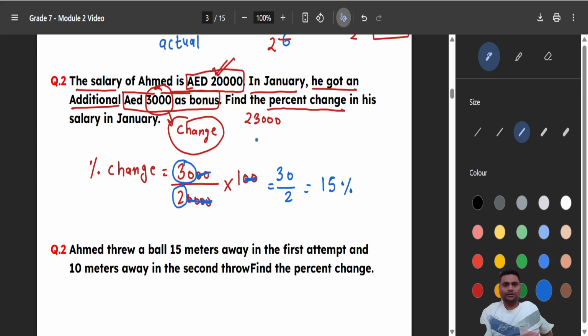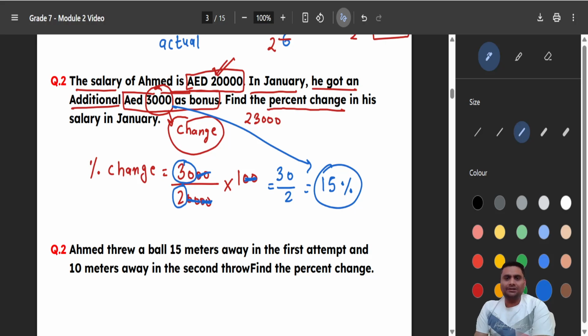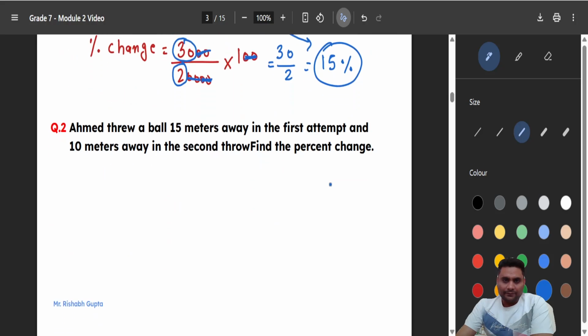So this bonus, this change, is equal to 15%. The 3,000 bonus that he got is 15% of his actual salary. So the percent change is 15%.